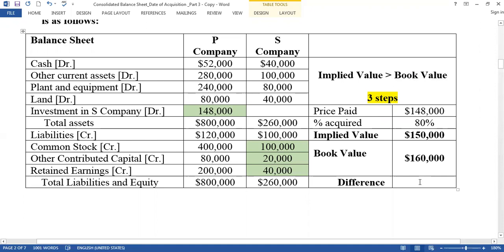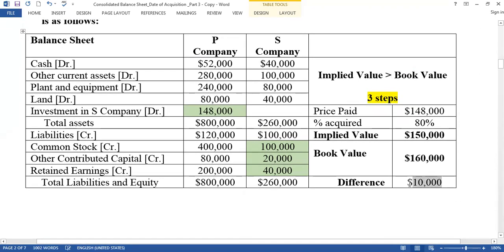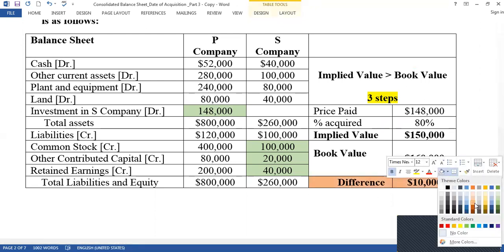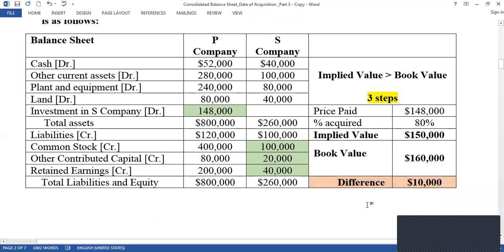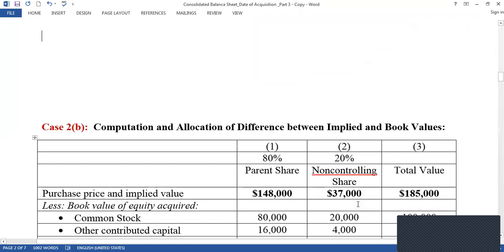The difference here is $10,000. So we find a difference, and it is important to know whether we have a difference or not.